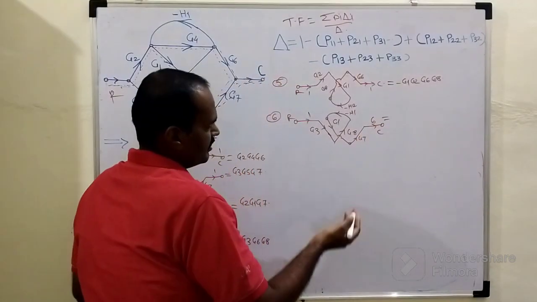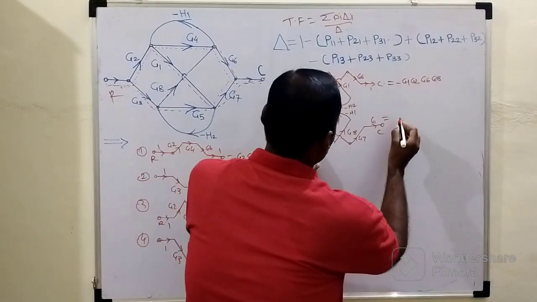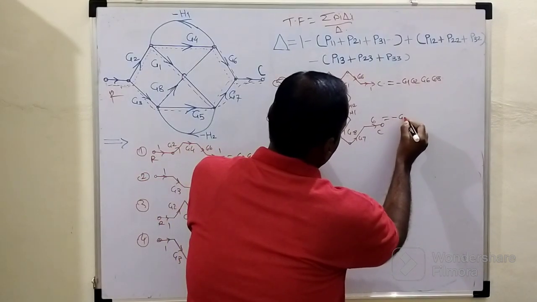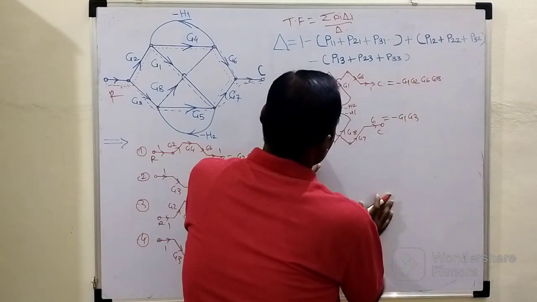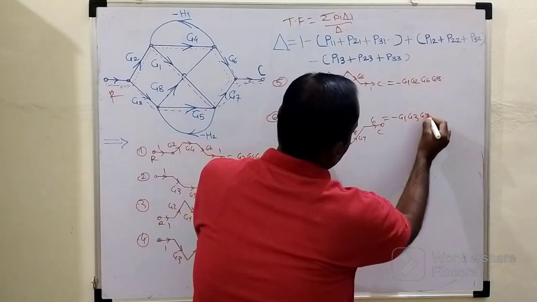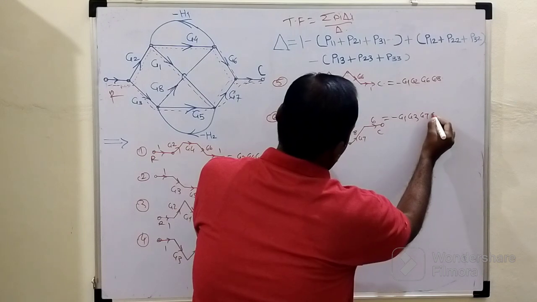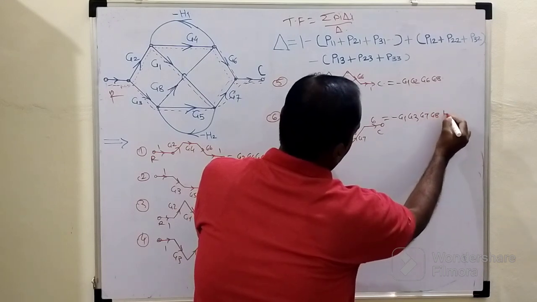So its overall gain will become 1. Again I will write in ascending order along with this negative sign: minus of G1 into G3 into G7 times G8 followed by H1.